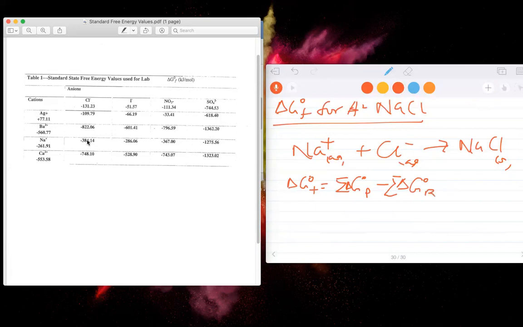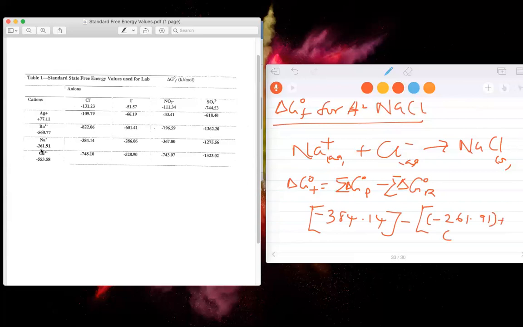Product: negative 384.14. Minus, if we look at sodium, it is negative 261.91.